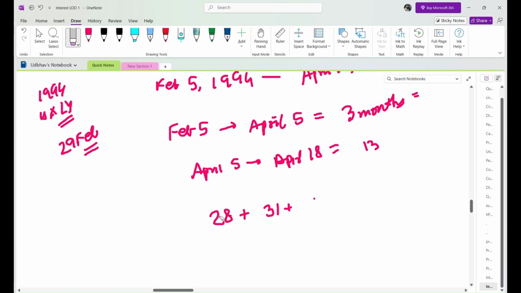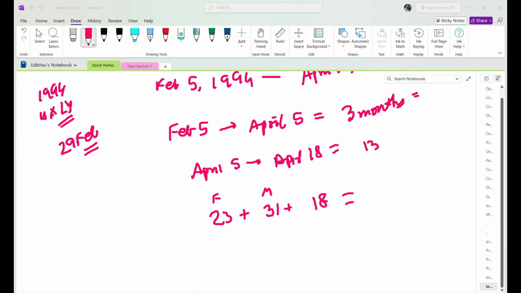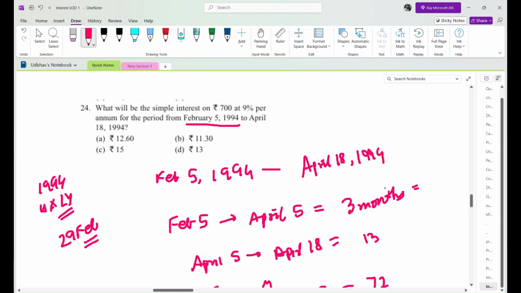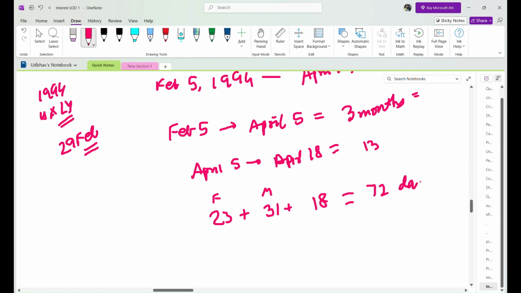No, wait, March is completely there, but in February, out of 28, 5 days are already gone, so only 23 days left. 23 plus 31 from March, and then 18 from April. So that is 23 plus 31 plus 18. That is 72 days.